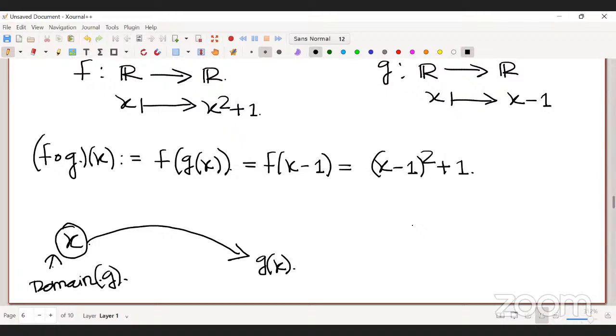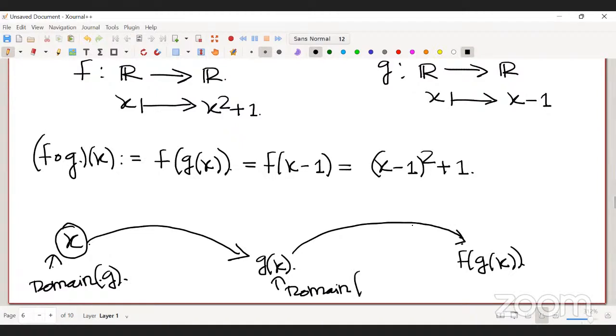Again, g of x goes to f of g of x, so g of x also should be an element in the domain of f, because we are taking f of g of x. If g of x is not in the domain of f, then we cannot write this.